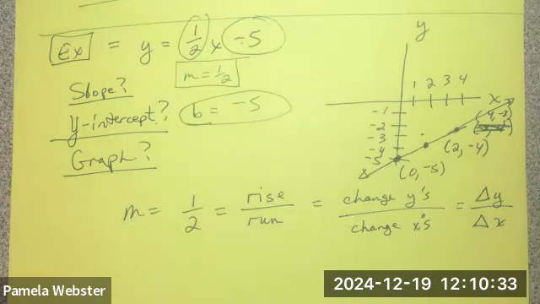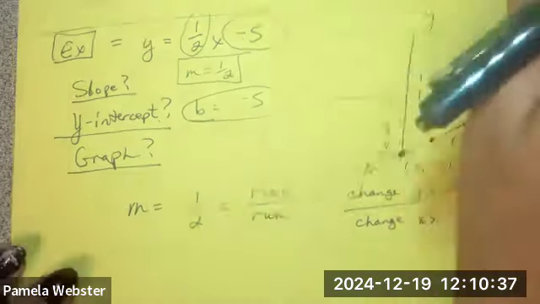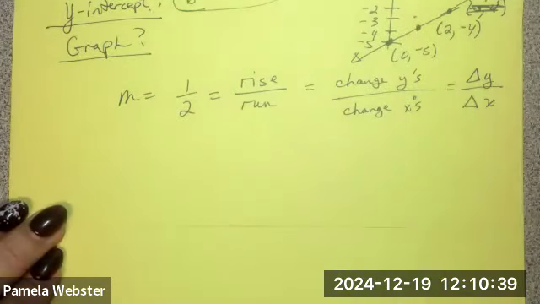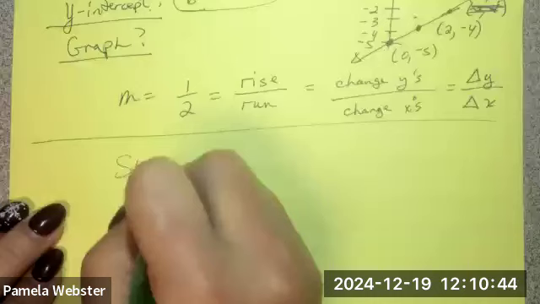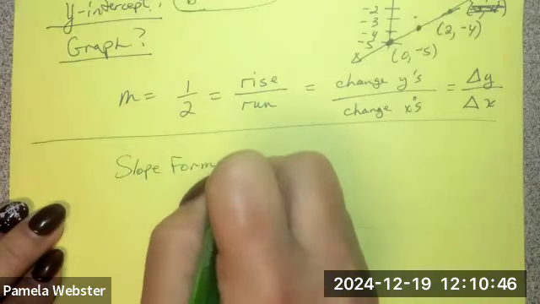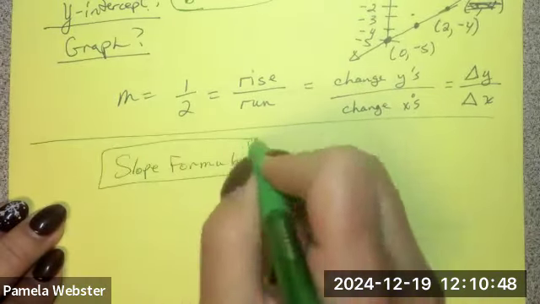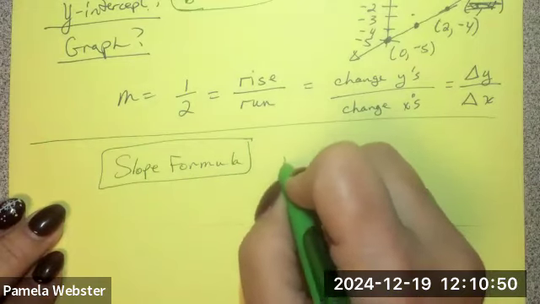Okay. We also have a slope formula. That again, you will hopefully memorize very quickly by writing it over and over and over again multiple times, but it goes like this.